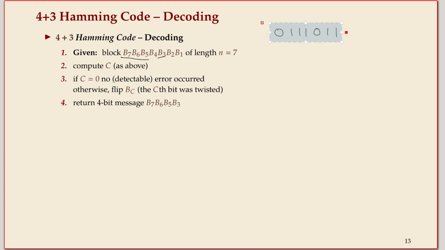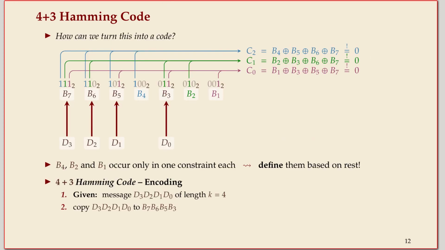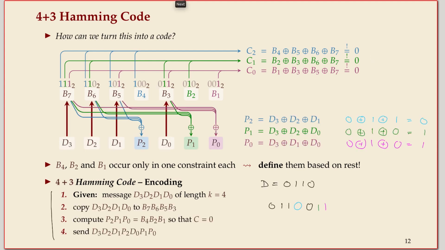Now you might want to have this slide again. Well, actually, this one is good too. So here you see the C. And this is the block I'm asking about. I can start my coloring game.